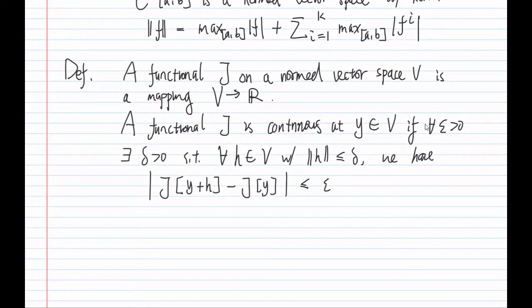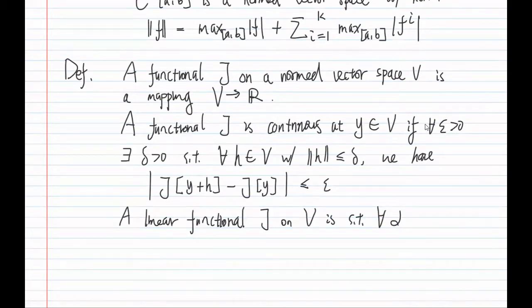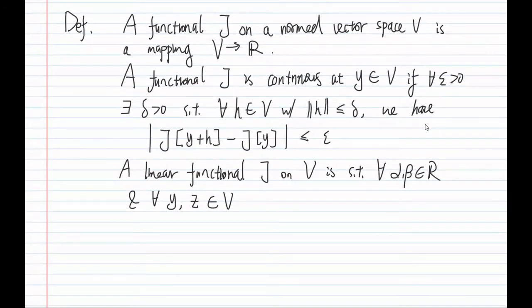So let's also define what a linear functional is, okay? A linear functional J on V is such that for any alpha, beta inside R, and for any y and z inside V, we have the following: the functional applied to alpha y plus beta z equals alpha times the functional applied to y plus beta times the functional applied to z.